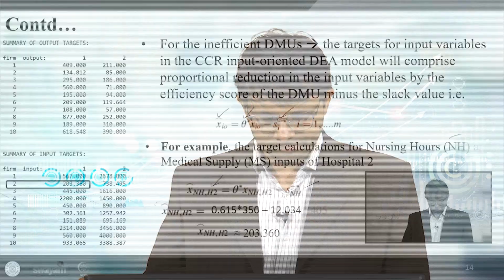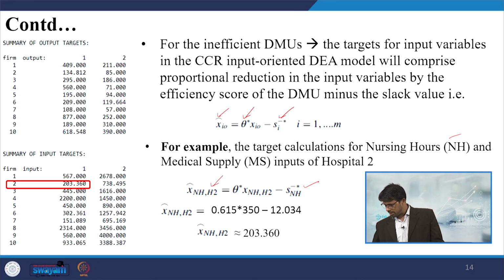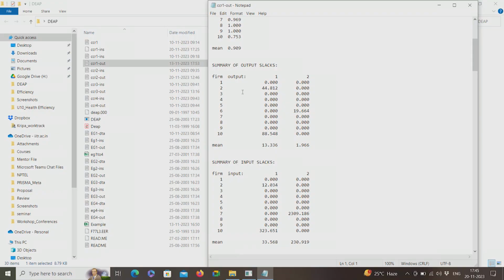If you remember, I will go back slightly in the same window and tell you. So, here it is, 12.034, and that is in the case of inputs as 350. So, in the input table, go back and check the input respective to the DMU, it is 350.